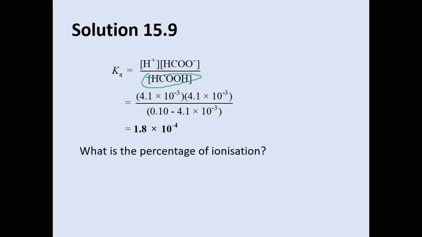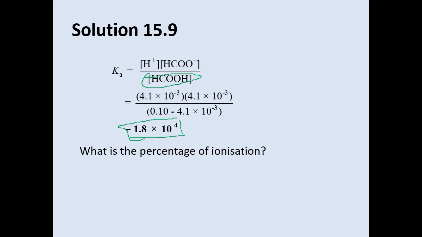We put in the values that we found from that table, and at the end we find that the Ka is 1.8 times 10 negative 4. Of course, it has been taken from the exact values that we found from this ICE table.